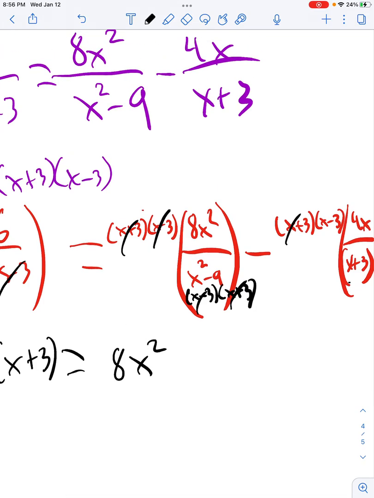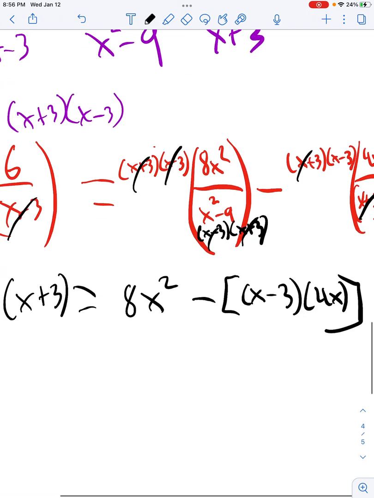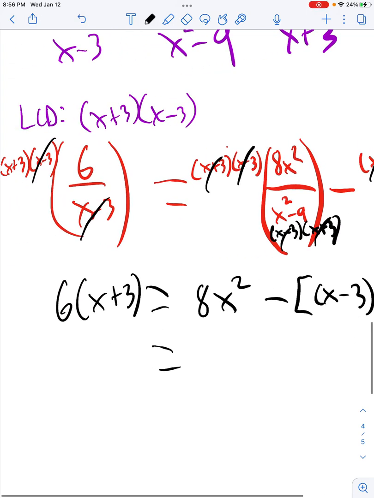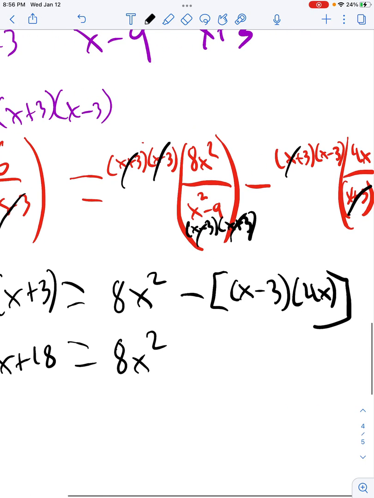And I'm just left with 8x squared. And then over here, I have x plus 3, x plus 3. So I'm going to subtract from x minus 3 times 4x. 6x plus 18 equals 8x squared.